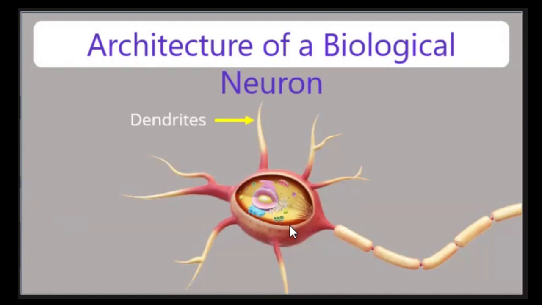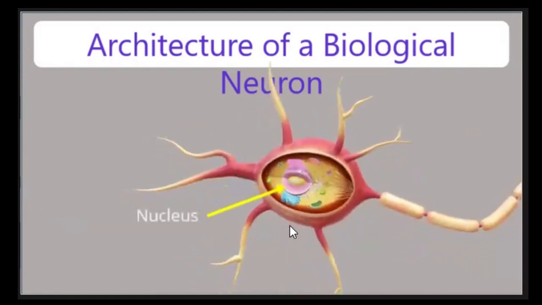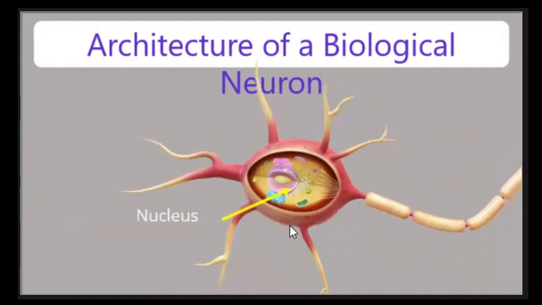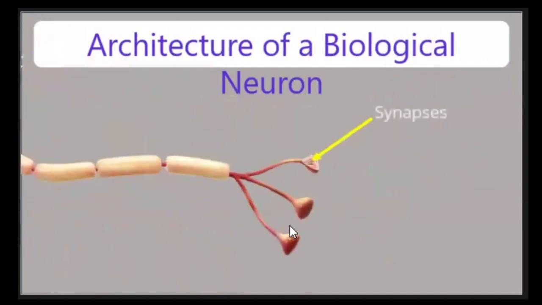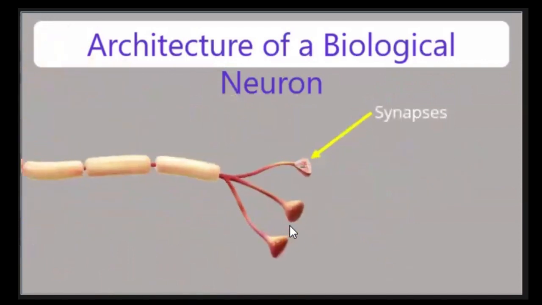It can be from a sensor, maybe our eyes, skin, or nose, or else from another neuron. And this is the nucleus. The nucleus is the part which makes the decision, right? So that is one neuron's decision. The axon is the part of the neuron which communicates the output to the next neuron, right? And this is the part which is going to communicate with the next.